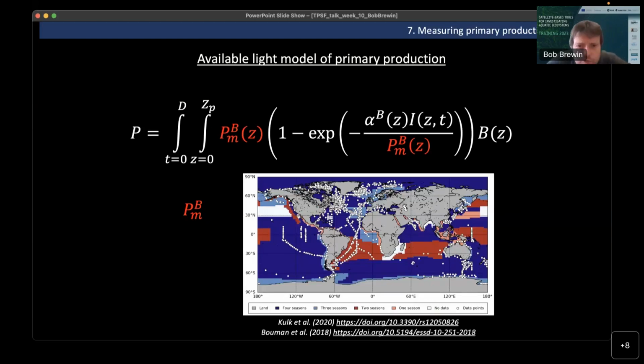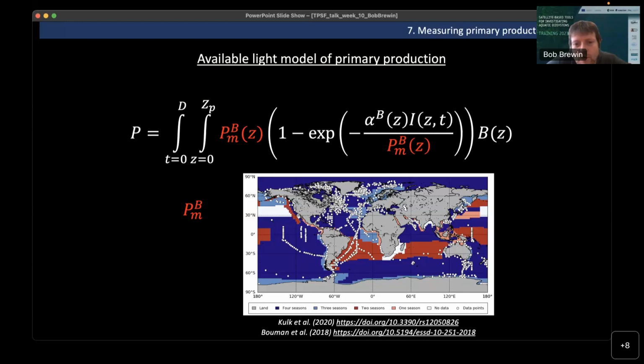Now, another approach that has had a lot of success, and goes back to that map I showed you by Alan Longhurst, the first global satellite estimates, is to use biogeographic or biogeochemical provinces. These are regions of the ocean which are relatively homogeneous.